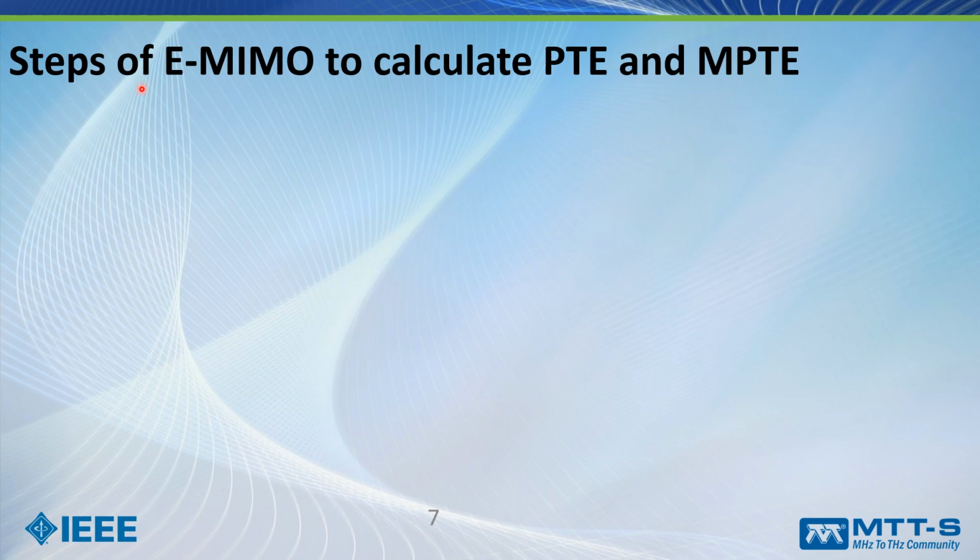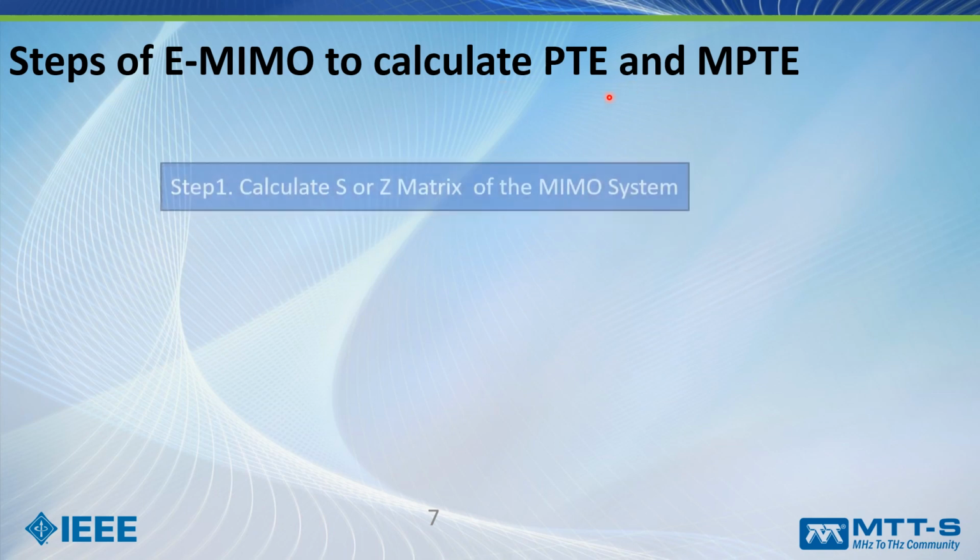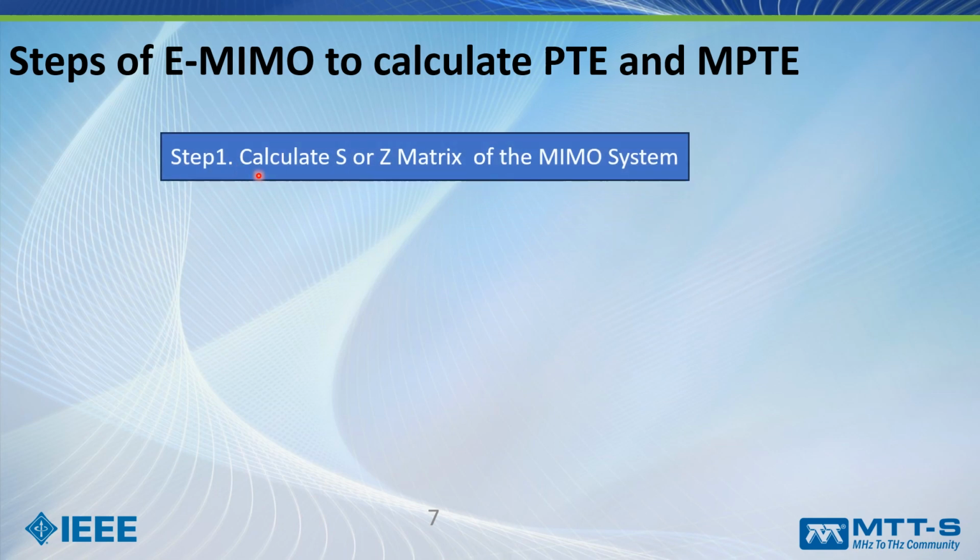Let me introduce the steps of eMIMO to calculate the PTE and MPTE. This is step 1. First we have to calculate the S or Z matrix of the MIMO system. It can be obtained by commercial electromagnetic simulation software or measured by using a network analyzer.